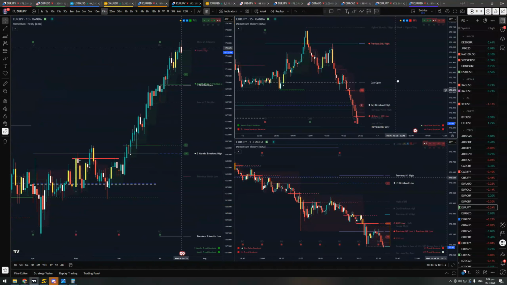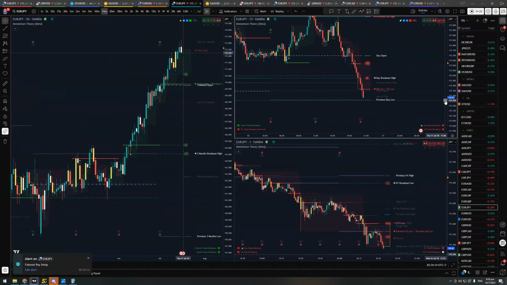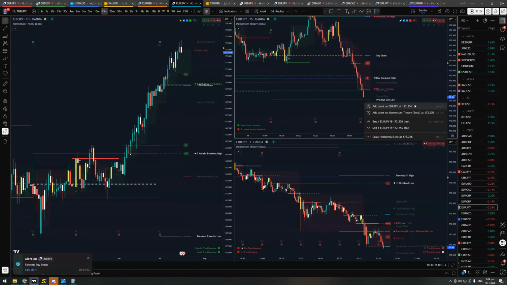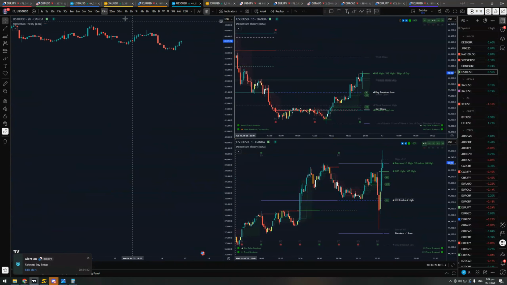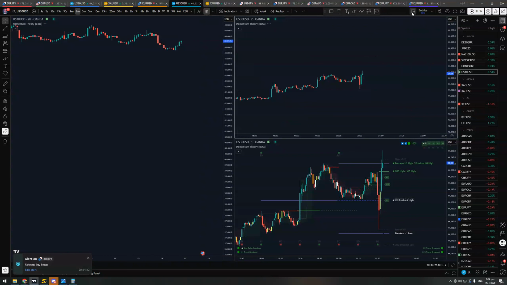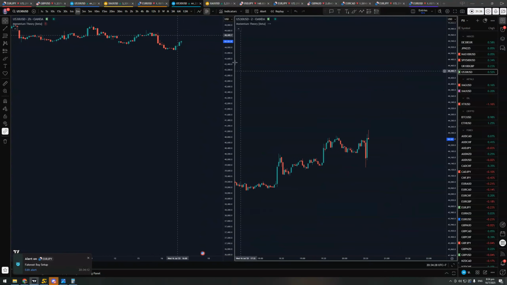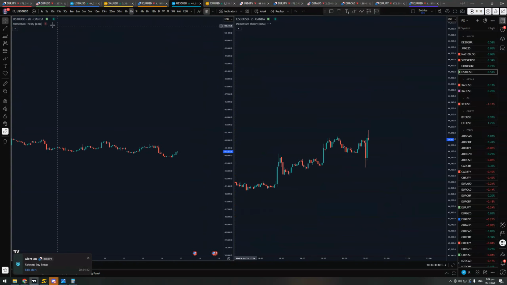EJ looks like it's going to continue on down. If it triggers that previous day low, I might be interested, but I'm going to switch this off to US 30, looking at the H2 and M2. These are the two time frames that I am interested in on US 30.